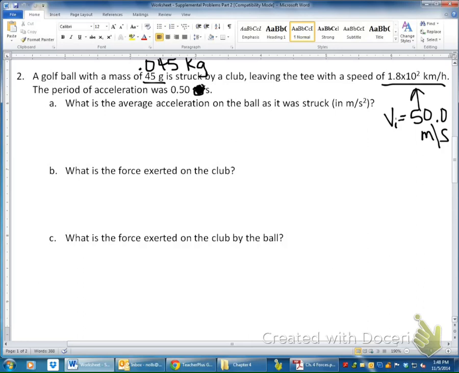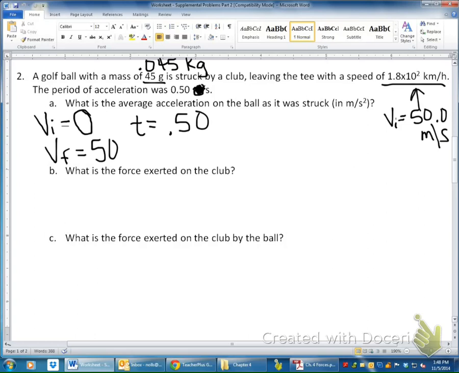What's the average acceleration that the ball was struck with, in meters per second squared? So we're solving for acceleration here. We have initial velocity, which was 0. We have final velocity, which was 50. And we have time, which is 0.50.